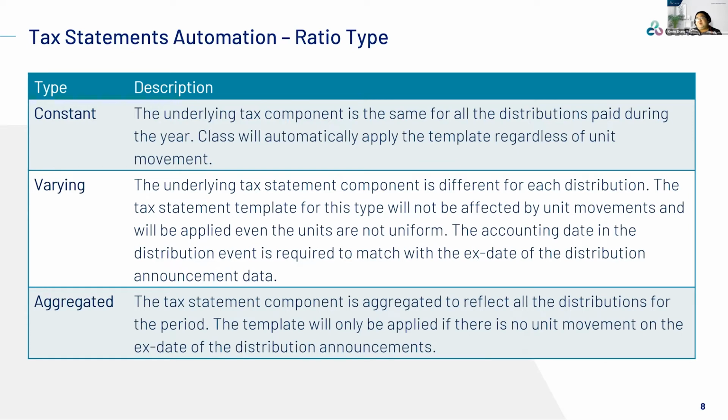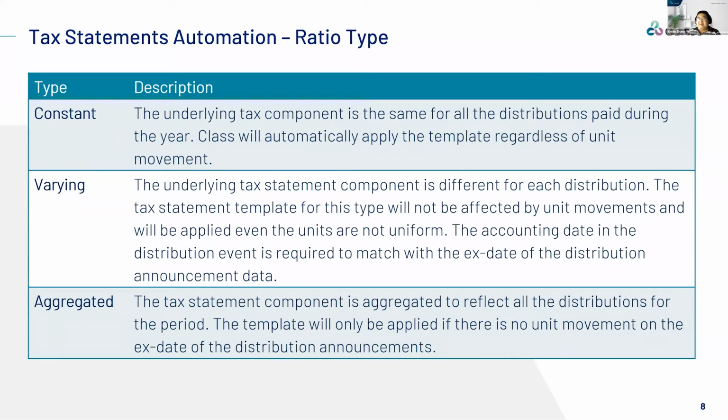The second type is what we call a varying ratio. If a listed trust or managed fund is paying a half-yearly or quarterly distribution, each distribution will have its unique tax components breakdown. Class has sourced that breakdown usually from the fund managers themselves or from the corporate websites of those registry or fund manager providers.